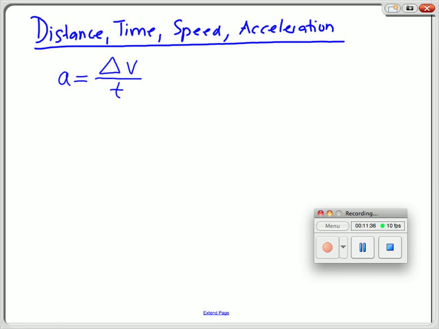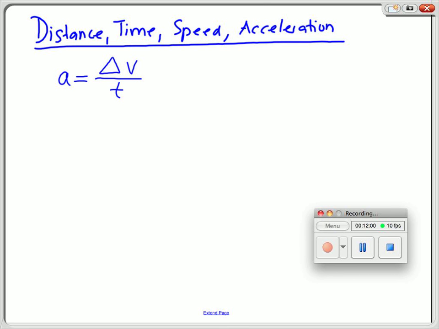So it accelerates, and there's this change in the velocity, and if I divide that by the time it takes, then that gives me the acceleration for the car. If I have a very powerful car, it would actually get to this higher speed in a shorter amount of time. So my acceleration would get a larger value. So let's look at an example here.